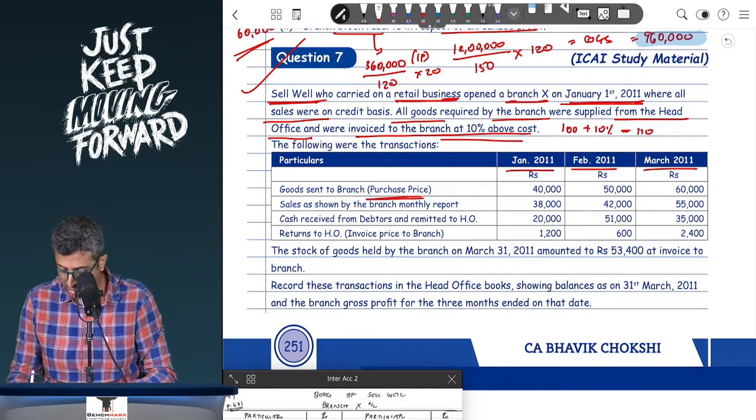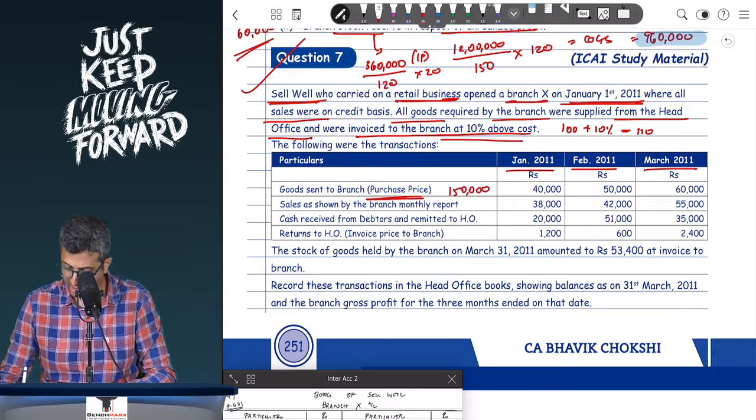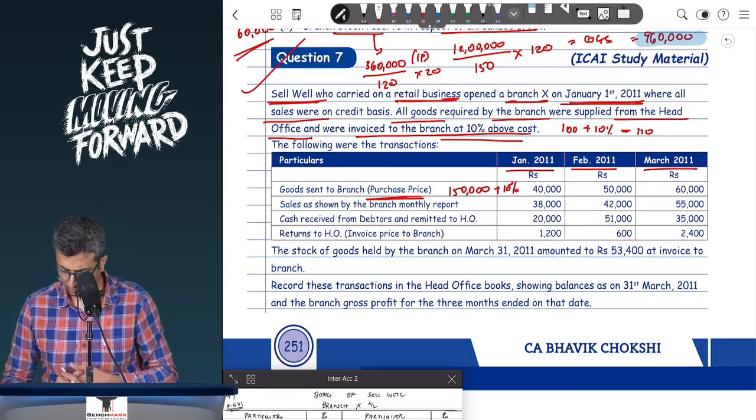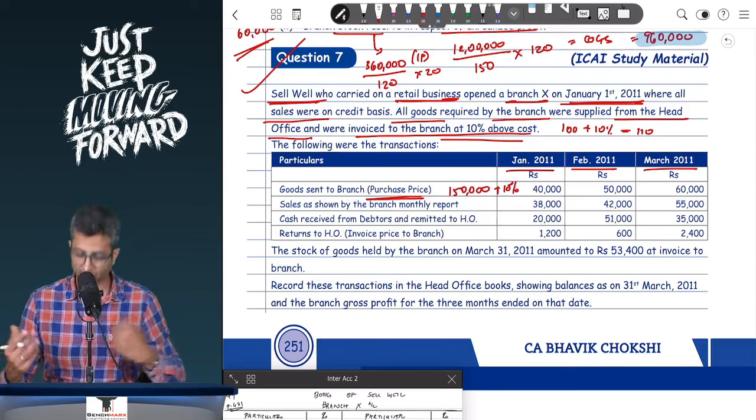Goods sent to branch at the purchase price would be what? I think 1,50,000. But this is at the purchase price. If I want to record it, this will be plus 10%, so 1,65,000, and 15,000 will be the loading.